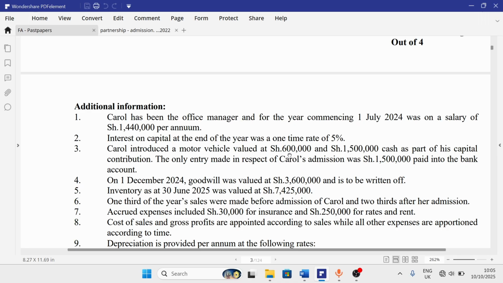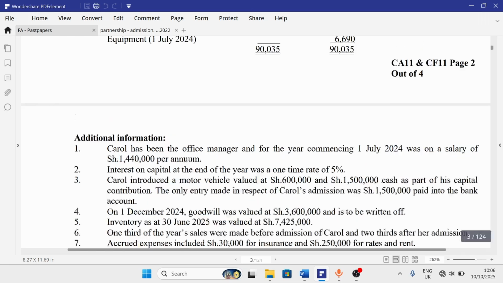However, depreciation for this motor vehicle belongs to the second period, the last 7 months. So in the first 5 months, we are not going to show depreciation for this motor vehicle because it did not exist at that time.